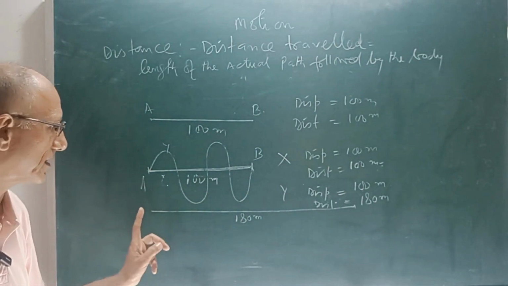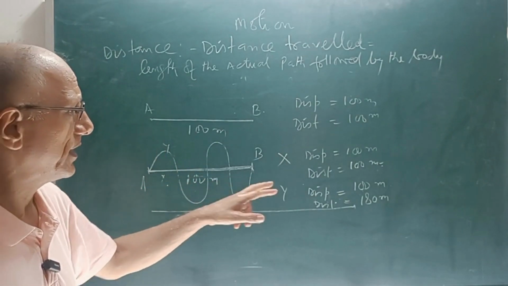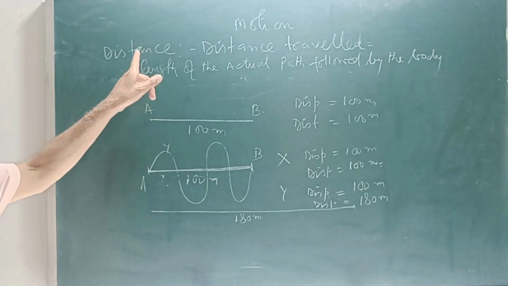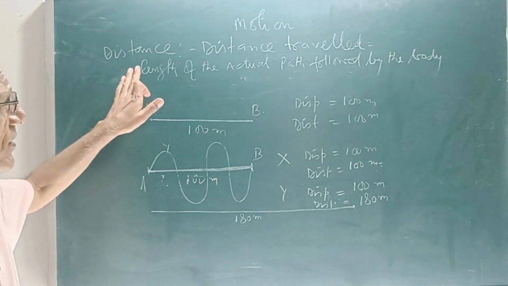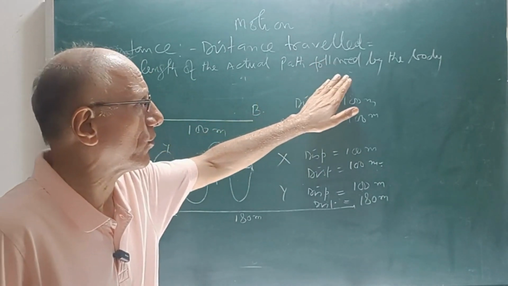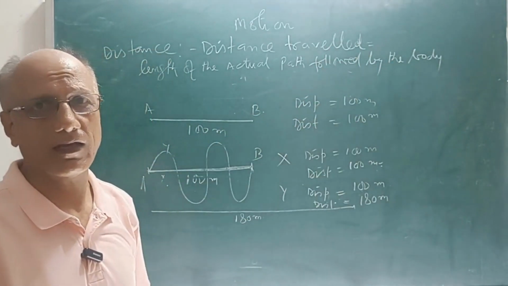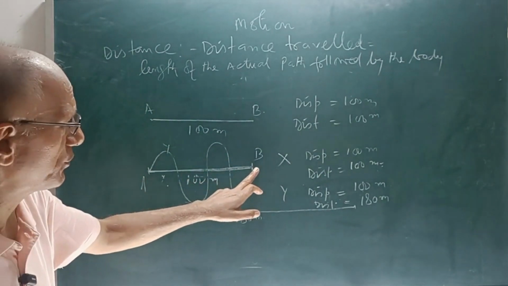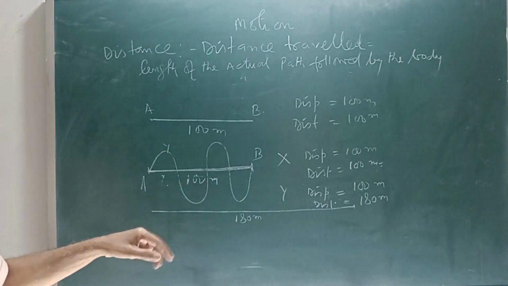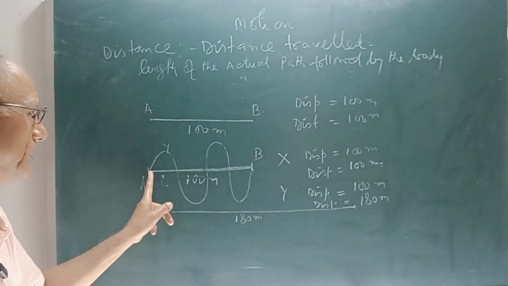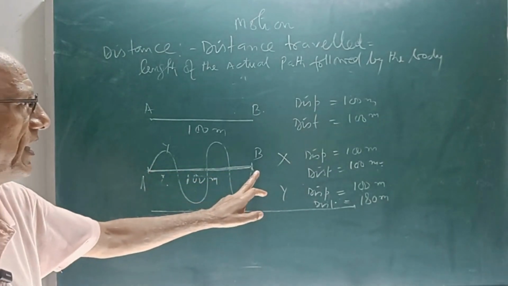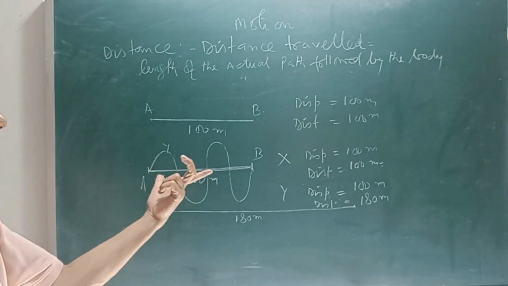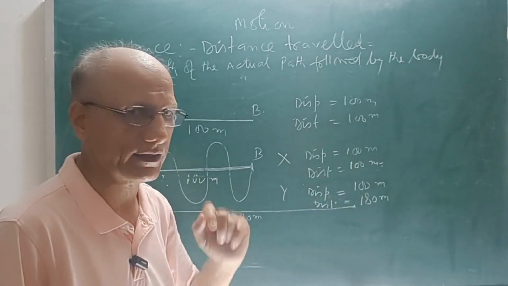That's why the distance traveled by y is not 100 but 180 meter, because distance is the length of the actual path followed by the body. Remember it. And what was the displacement? It was the change in position, not the shortest distance. Initially, y was at A and finally at B. So the change in position between A and B is the distance between A and B, that is 100 meter.